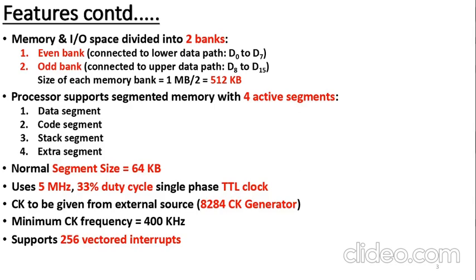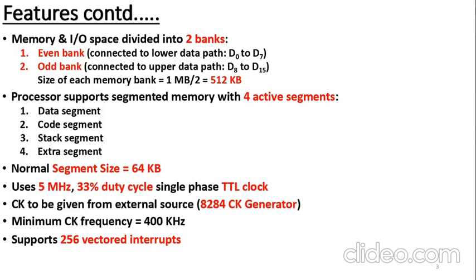This processor supports 256 vectored interrupts. Interrupts are basically an event, a signal given to the processor in order to interrupt its current processing operation and to carry out some urgent task which is now required to be performed.